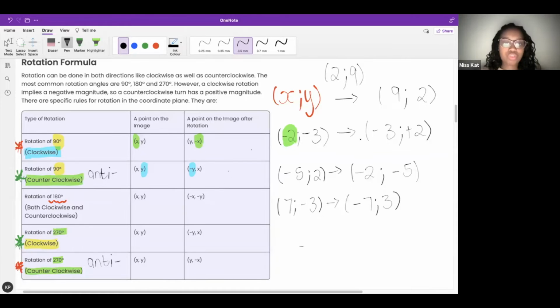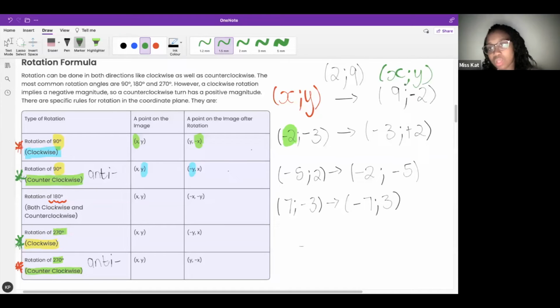And then it says, not only do they swap, x will be negative. Which one was our x here? 2. So instead of 2, it will now be -2. And you're done. That's your new point. Now, your new x and y are going to be 9 and -2. So when you plot this point, you're going to plot it at 9 and -2.